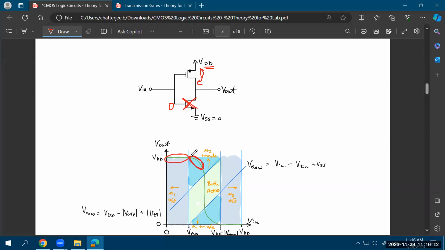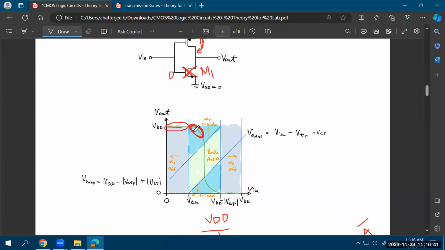Output has not reduced that much. Output was equal to VDD earlier. Now it has reduced by a tiny amount, but not by a large amount. So which means that the VSD of the PMOS device is very, very low. And if VSD of the PMOS is very low, that means it is in triode region. So right after your cutoff region, here your M2 device is still in triode. So this is your M2 and this is your M1.